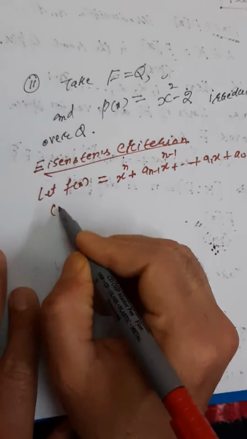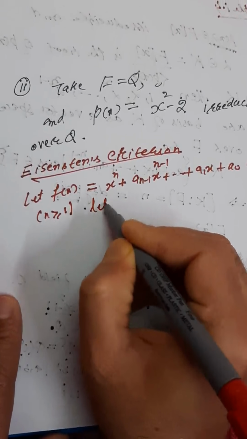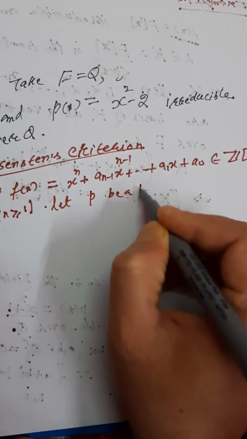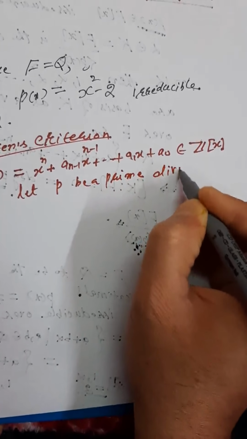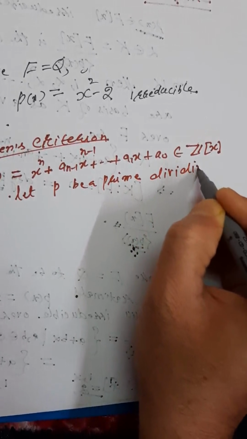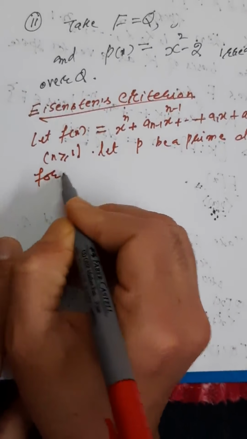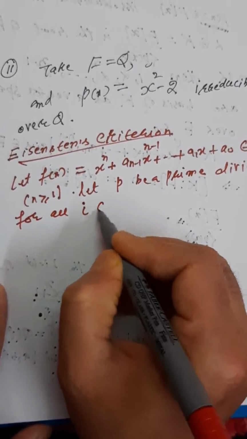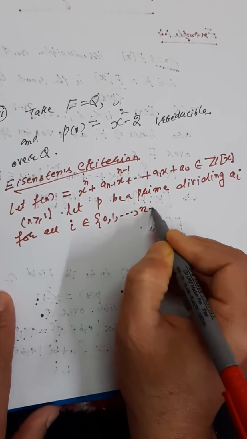Here n is greater than or equal to 1. Let p be a prime number dividing ai for all i belonging to 0, 1, up to n minus 1.